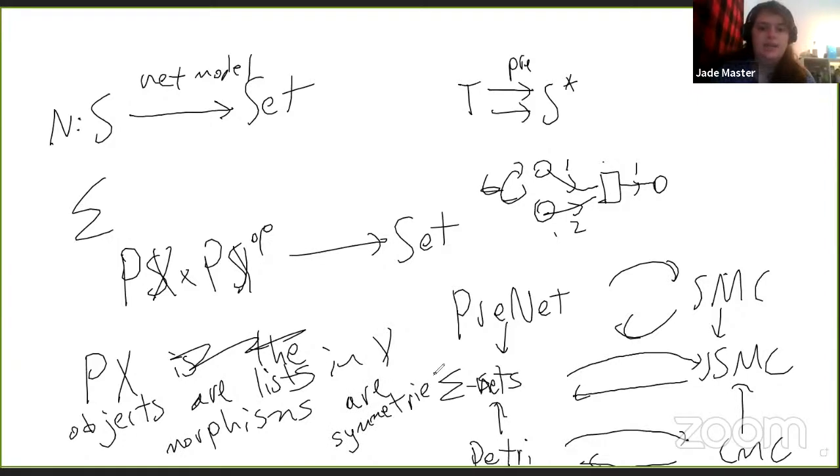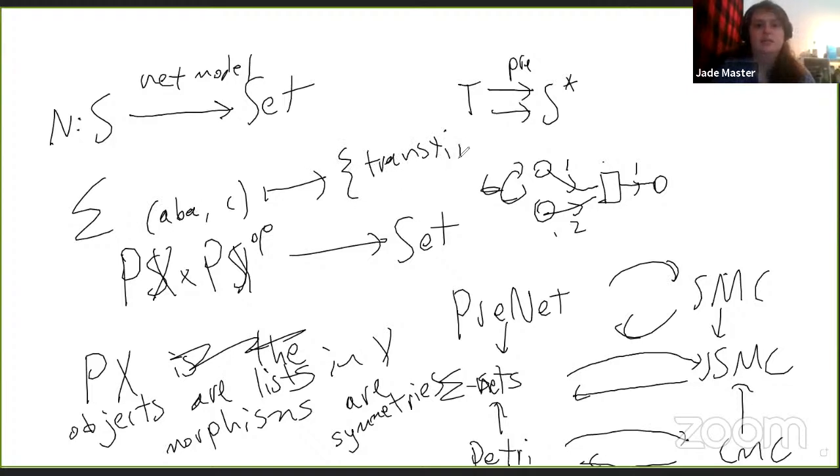And the idea behind sigma nets is that if you have a list like A, B, A, and C, this will map to the set of transitions with source A, B, A, and target C. I don't know if this is related to network models, but that's a nice observation because they do, at least superficially, seem kind of similar.